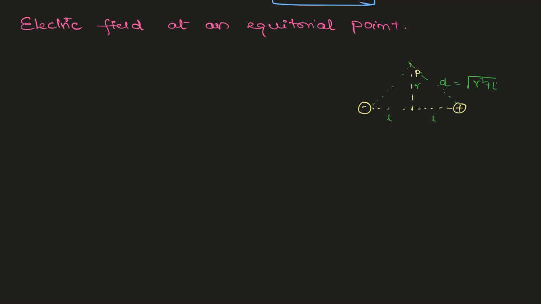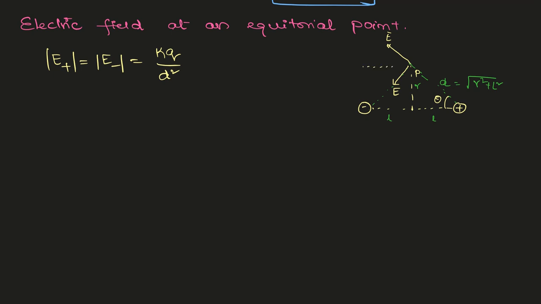Due to the positive charge the field will be directed away, and due to the negative charge the field will be directed inwards, but both will have the same magnitude. So the magnitude of positive field as well as negative field will be the same, given as kq by d square, but direction-wise they are different.